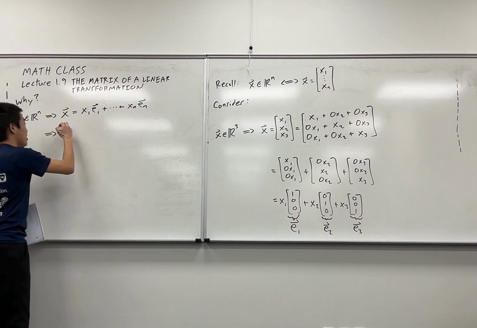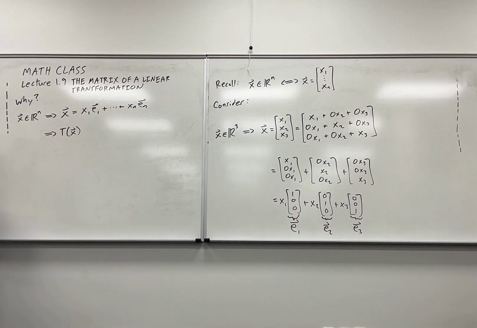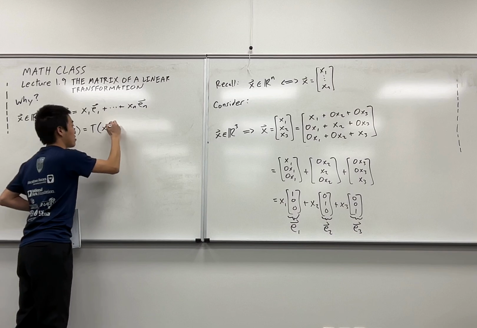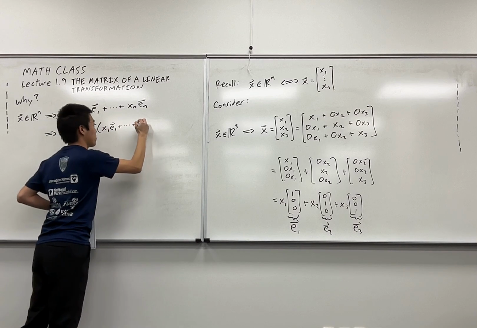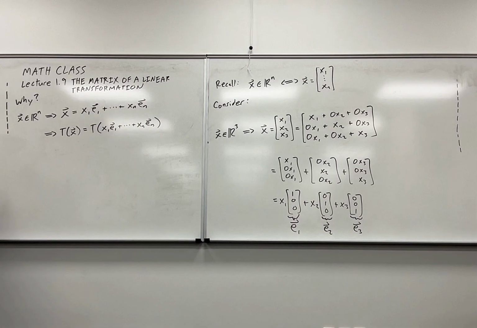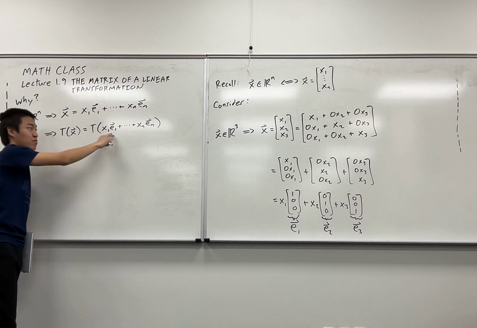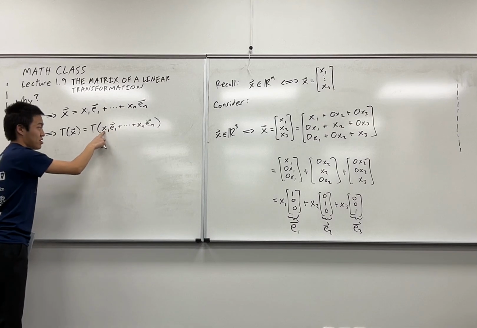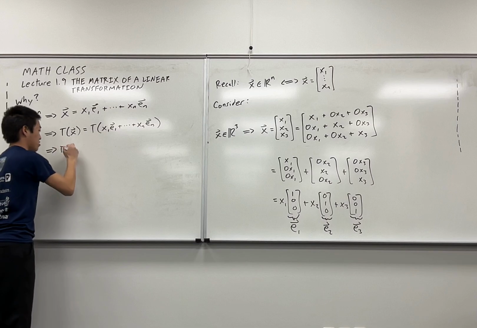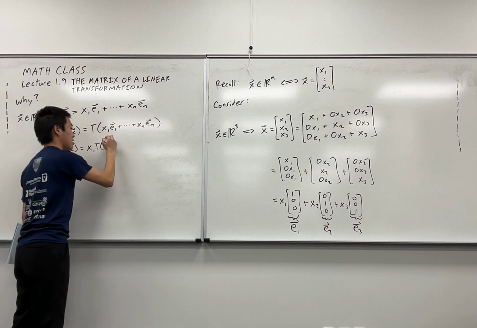And so then if I want to think about taking a linear transformation of this, then I'm transforming both sides, x1 e1 plus so on and so forth. And then we did the superposition principle. Did we work through the proof for this? I think we did. Where you can separate out your constant and then have this. So this comes down to being T(x) is x1 times T(e1).